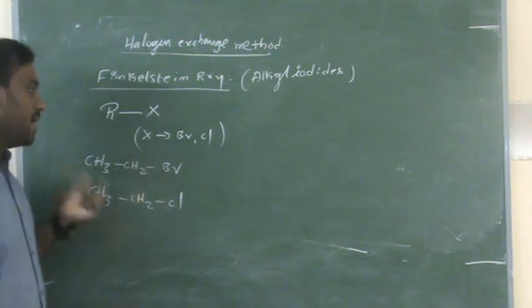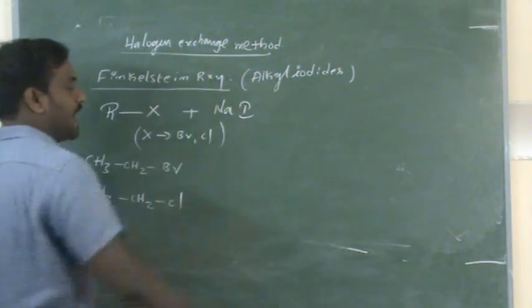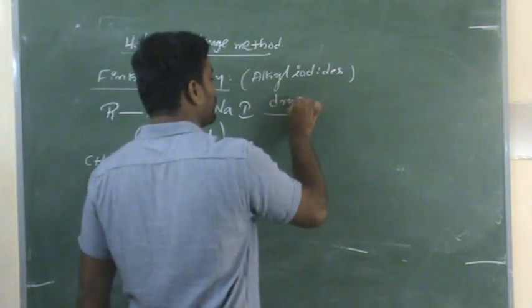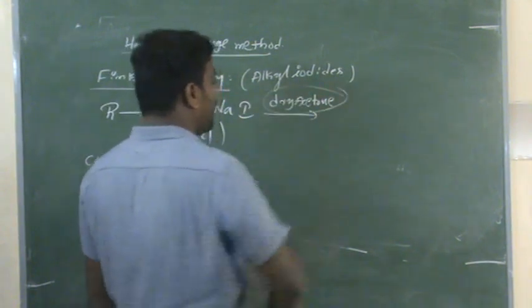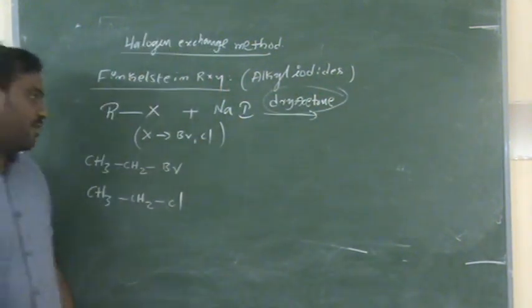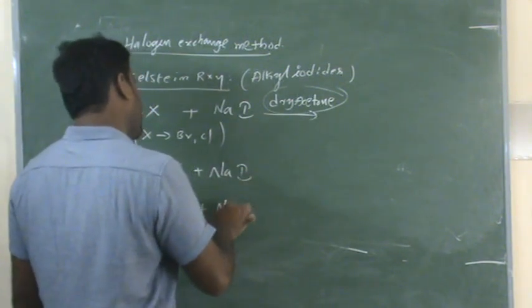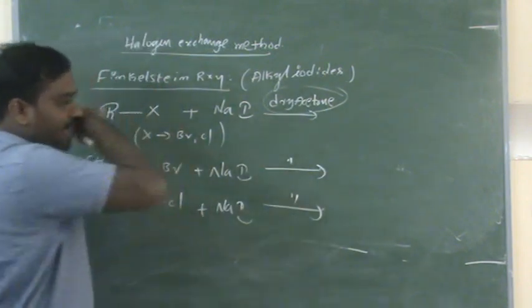Alkyl bromide or alkyl chloride reacts with sodium iodide, NaI, in the presence of dry acetone. Dry acetone is a solvent. Here also you can take NaI in the same solvent, dry acetone.